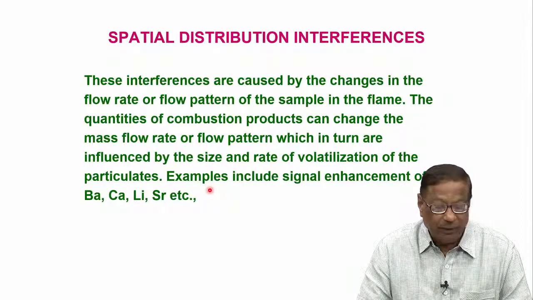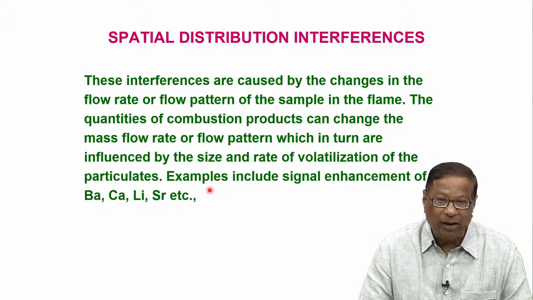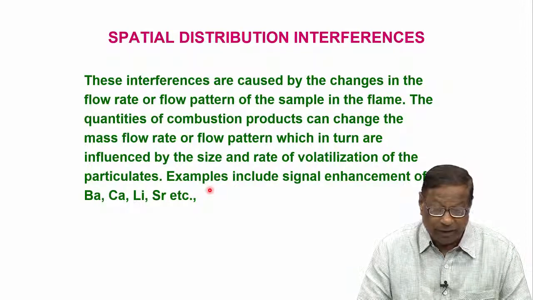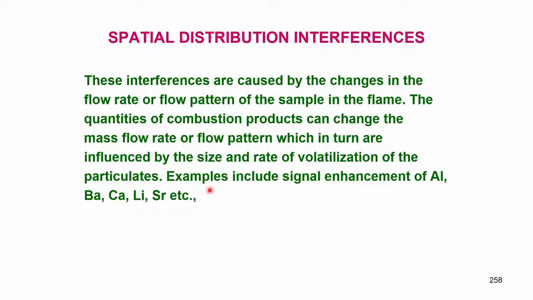So, sometimes interference can take place in a spatial form. These interferences are caused by changes in the flow rate or flow pattern of the sample in the flame. The quantities of combustion products can change the mass flow rate and flow pattern also, which in turn are influenced by the size and rate of volatilization of the particles in particulate matter.